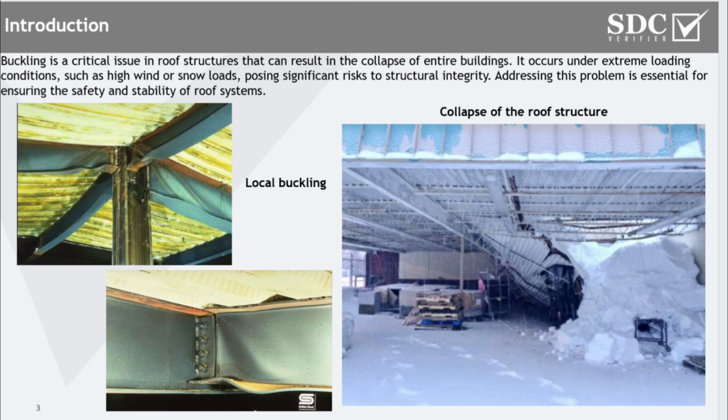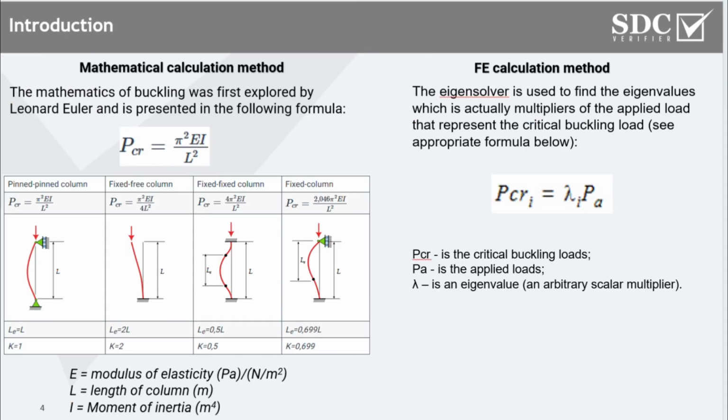Okay, so let's move on and talk about the background of the buckling calculation. Buckling calculation is in general based on the Euler equation, which involves the Young modulus, taking into account the moment of inertia, divided by the effective length of our member.